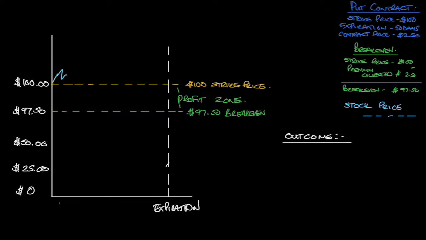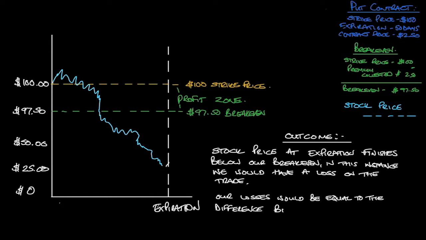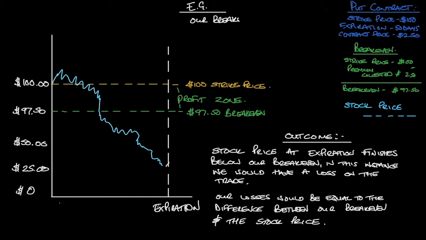The final outcome is the stock price at expiration is lower than our break-even of $97.50. In this situation, we would be obligated to purchase the shares of the underlying at the strike price of $100, and we would be liable for the difference between the stock price and the strike price. For example, the stock price at expiration is at $25.